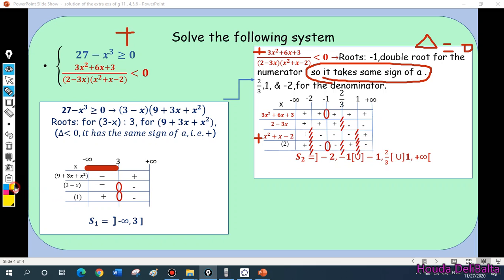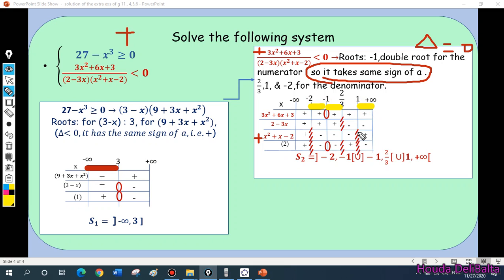We need to find the solution according to that less than 0, then we care about the negative regions, the region where there is a negative sign. So less than 0 means a negative sign, so we care about that region and that region and that region.